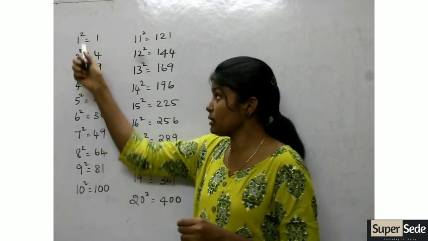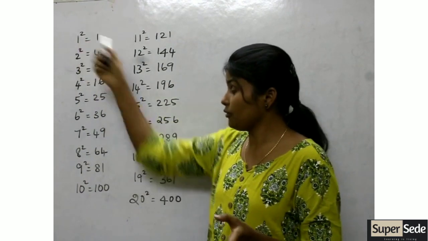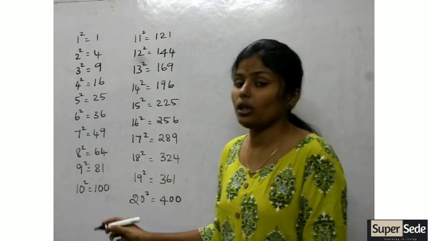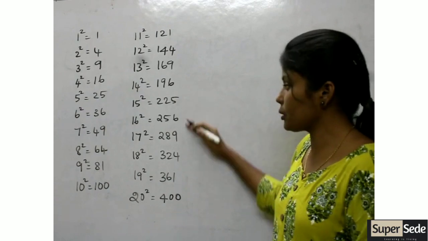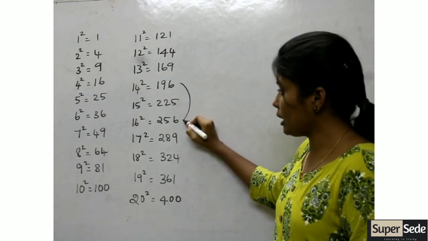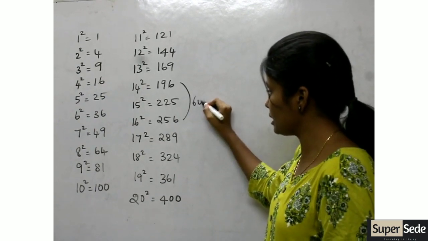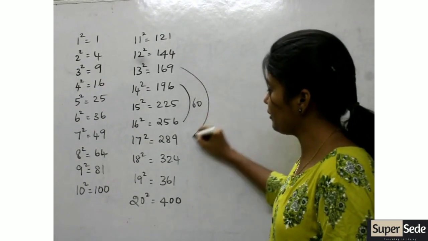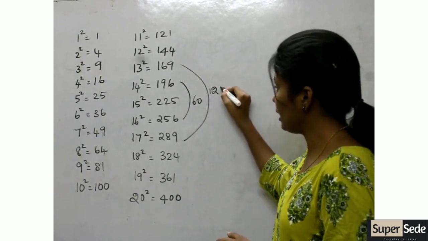Of course everybody must be knowing the squares from 1 to 25. Here I have put it right from 1 to 20. If you are not able to remember all the squares after 15, there's a trick. 14 square 196 and 16 square 256 have a difference of 60. 13 square and 17 square, 169 and 289, have a difference of 120.